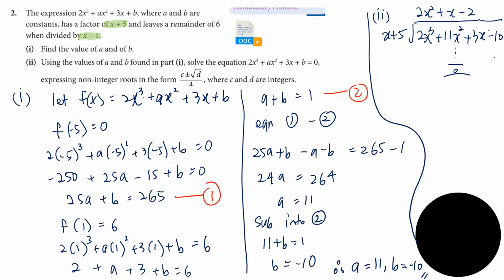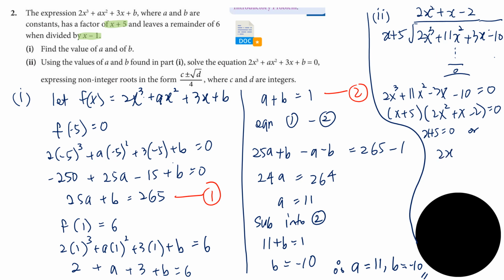So you realize that your 2x cubed plus 11x squared plus 3x minus 10, if it equals 0, in other words, you can also rewrite it as (x plus 5)(2x squared plus x minus 2) equal to 0. Make sense? Right, so to solve, either your x plus 5 is 0 or your 2x squared plus x minus 2 equal to 0.